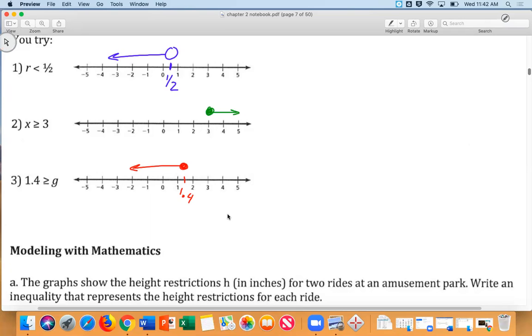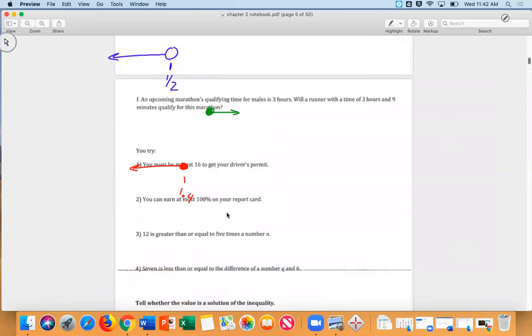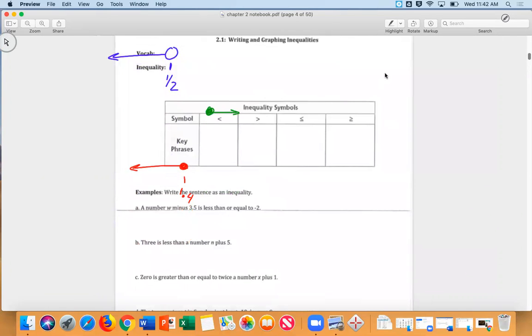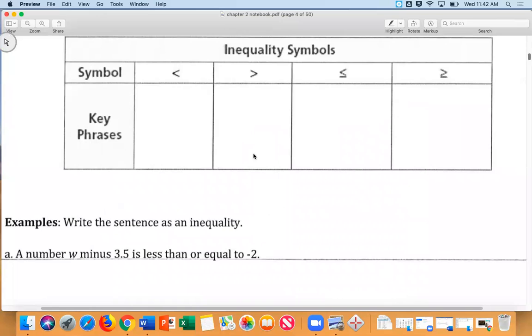Okay? So what I want you guys to do now, Chucky, you don't have this because we only printed you out one page. I want everybody to go all the way back to the inequality symbol page. Okay? And up here we have our 4 symbols. This is all I want to write. This is an open circle.